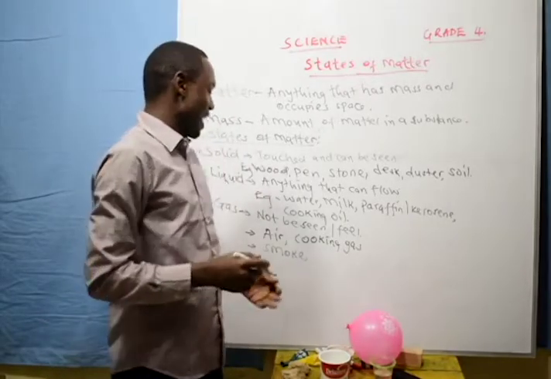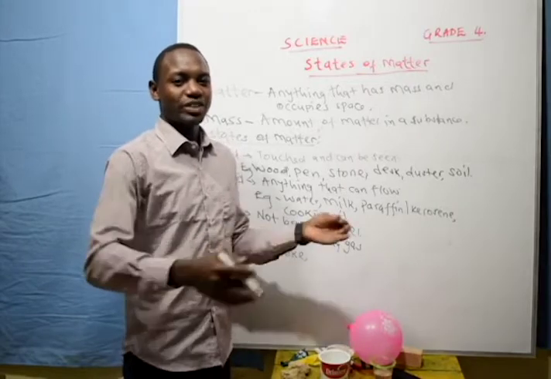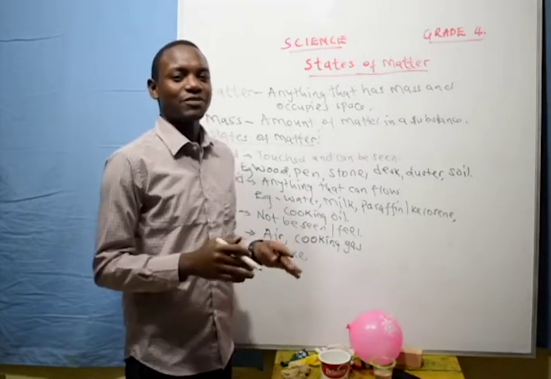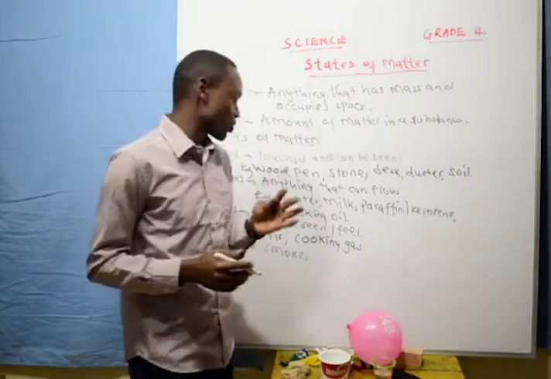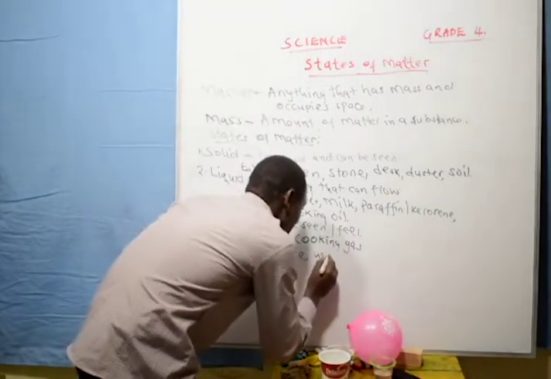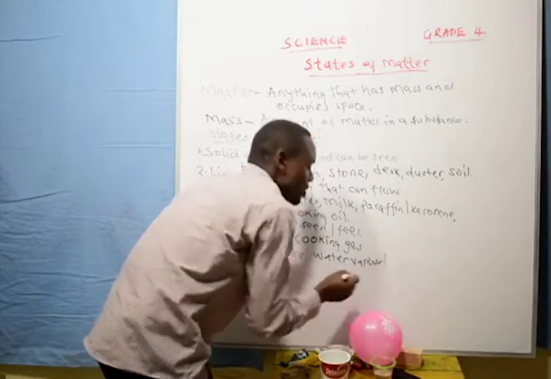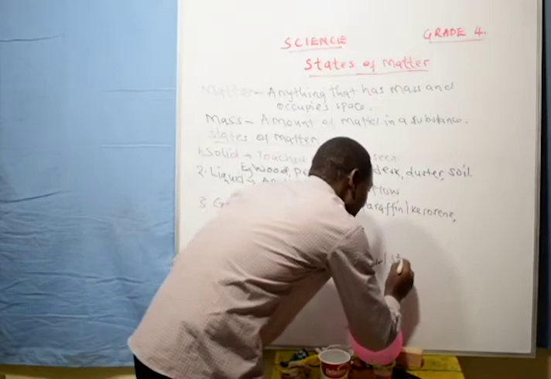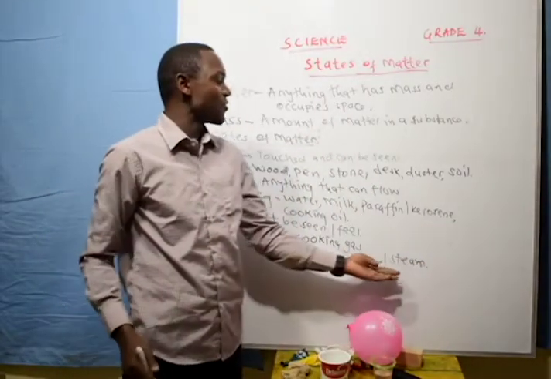We also have, after you boil water in a sufuria, that water will boil after some time. You'll see something like smoke rising. That is what we call water vapor. It is called water vapor or steam. This is steam. Water vapor or steam is another example of a gas.